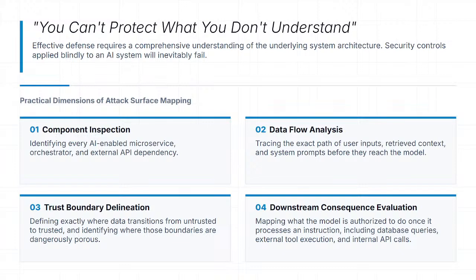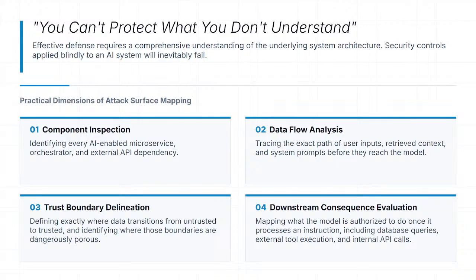Then trust boundary delineation. Most times when we talk about AI security, most courses and videos online talk about understanding the trust boundary or establishing a trust boundary. But what exactly does that mean? It's one of the components of attack surface mapping actually.